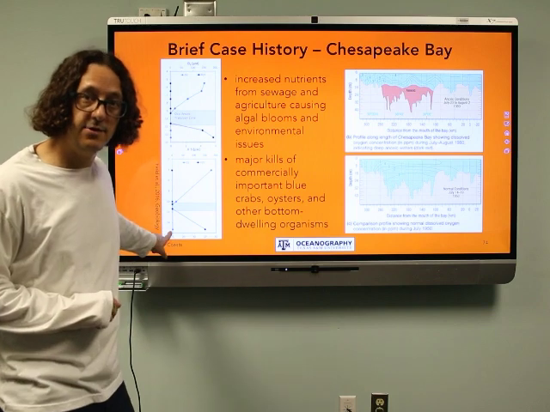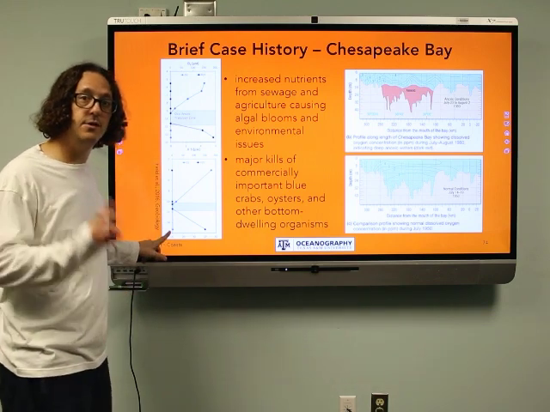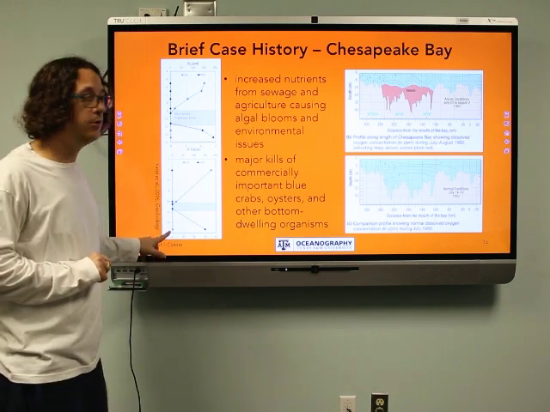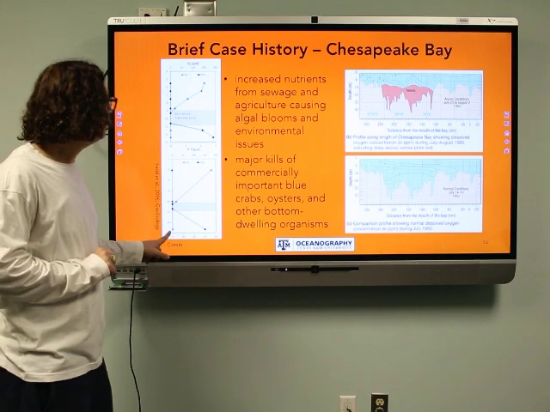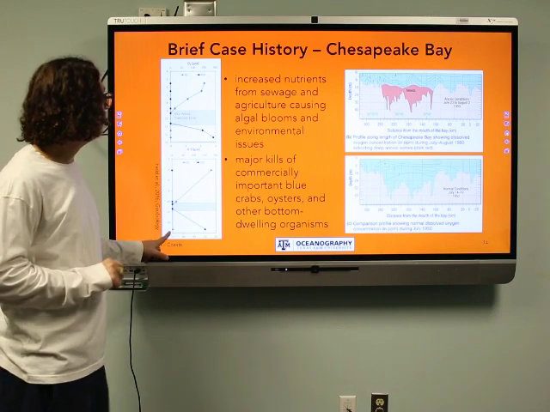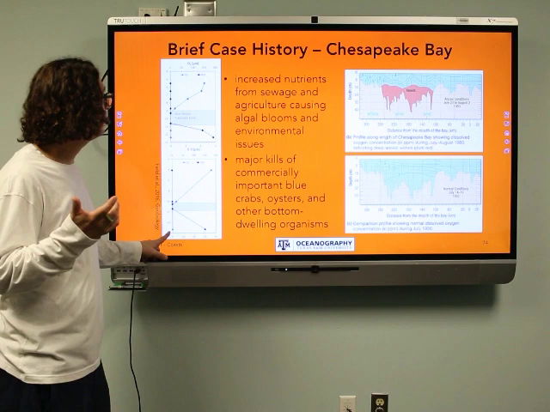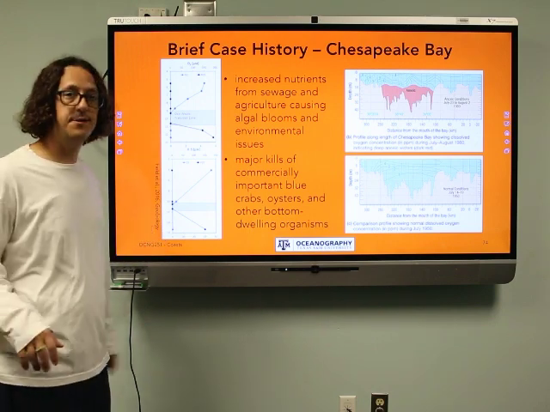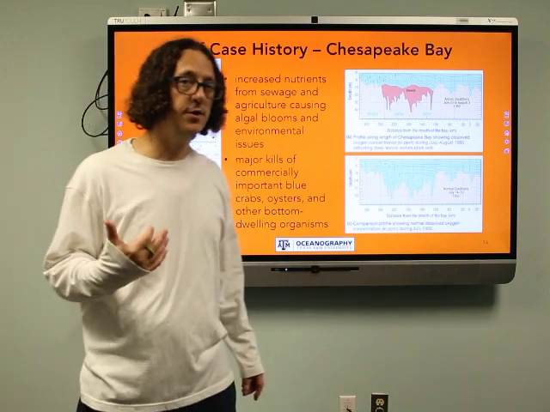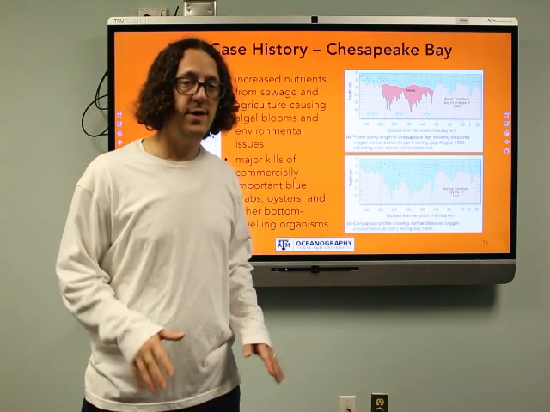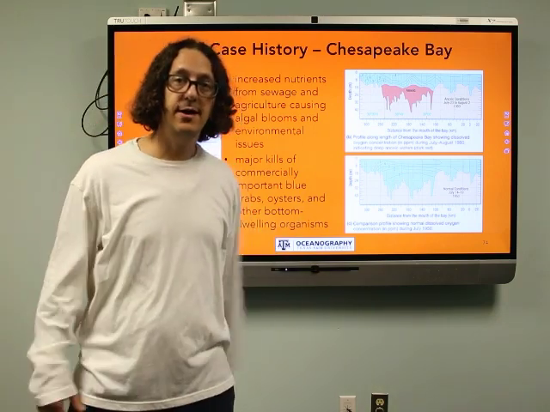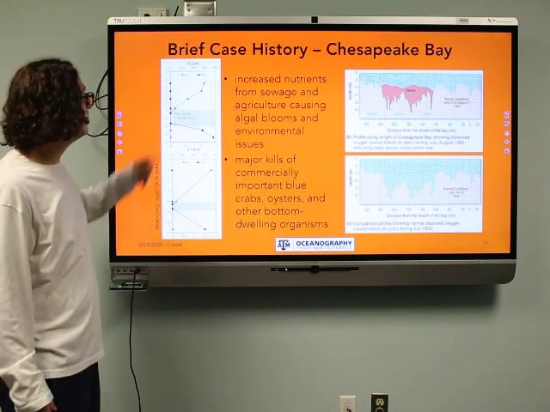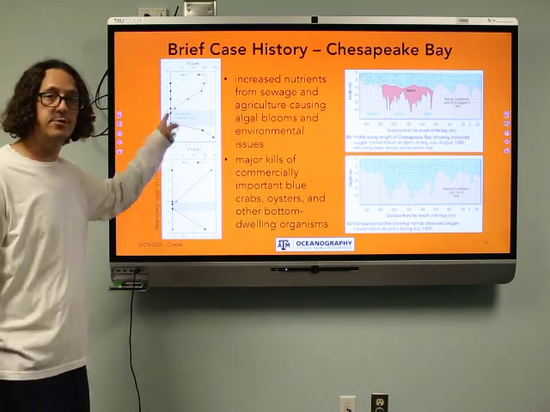The interesting thing is what happens when you get no oxygen is the microbiology that can live there changes. You get microbes that, as a byproduct of their metabolism, produce hydrogen sulfide, which is, if you ever go to a marsh and you walk around and it smells like rotten eggs, that's the rotten egg smell. It's because of a group of organisms called sulfate reducers.